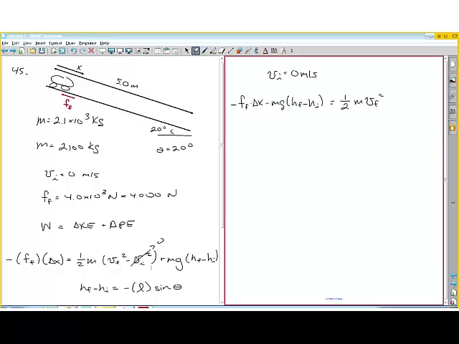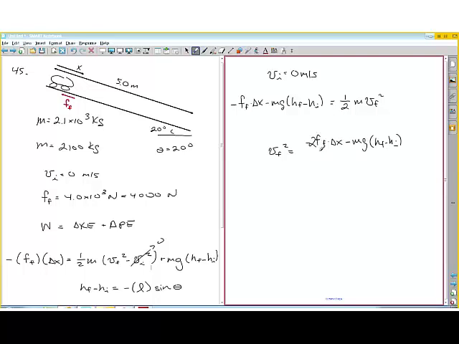Okay, we want to solve for v final. So if we do that, we'd have v final squared is equal to, multiply both sides by 2 and divide by m. So we'll have negative friction force times delta x minus the mass times acceleration due to gravity, h final minus h initial.